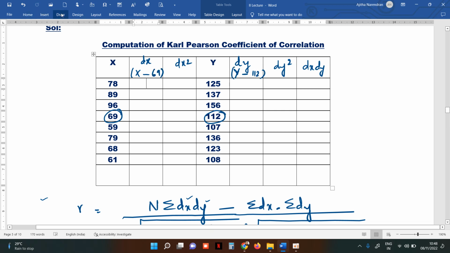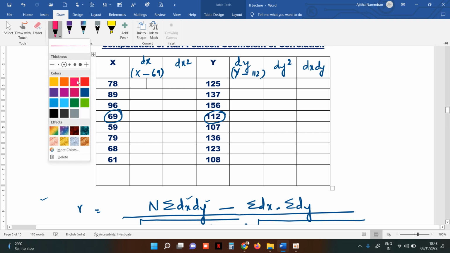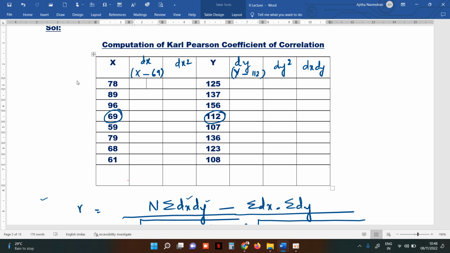I'll use a different color for the dx solution. 78 minus 69 is plus 9. 89 minus 69 is plus 20.